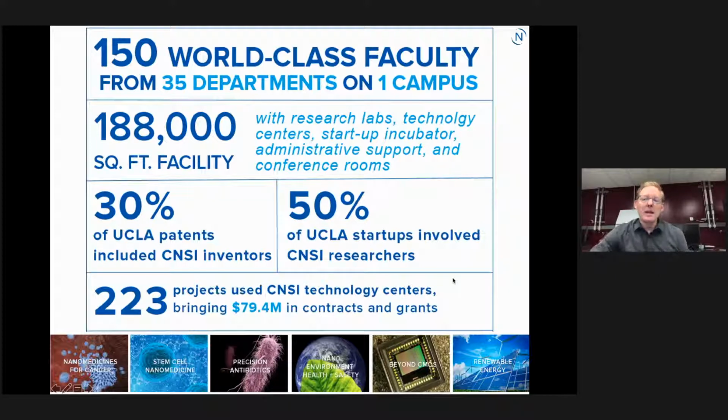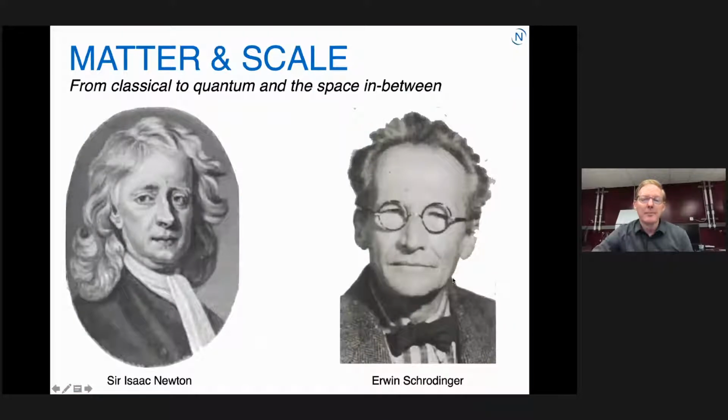So what I'm going to mainly focus on today is how we provide advanced capabilities to enable discovery in cancer, nanomedicine, antibiotics, nano-environmental health and safety or sustainability, renewable energy, advanced computing technologies. And what we generally have to think about when we're developing these new types of materials is the fact that when we shrink things down to the nanometer dimensions, our traditional intuition that's based off of the understanding of how the world around us works, this Newtonian model of things, breaks down at a certain point and starts to become governed by what we generally consider to be quantum mechanics, where things are more based on probabilities and distributions of likelihood.